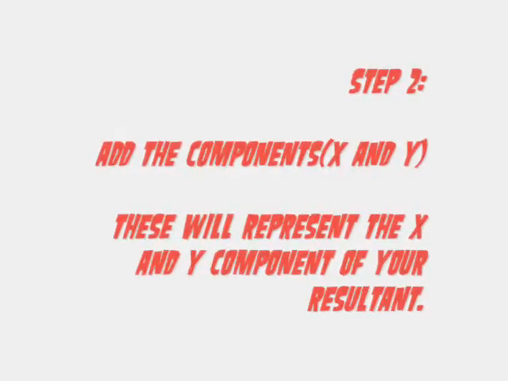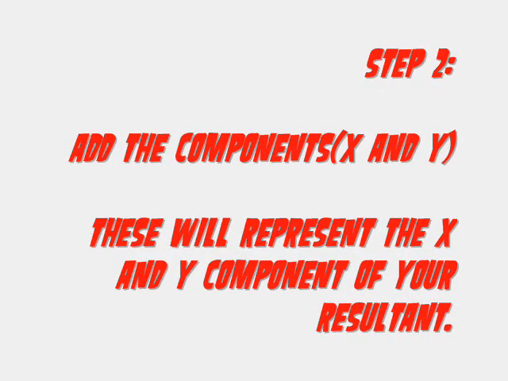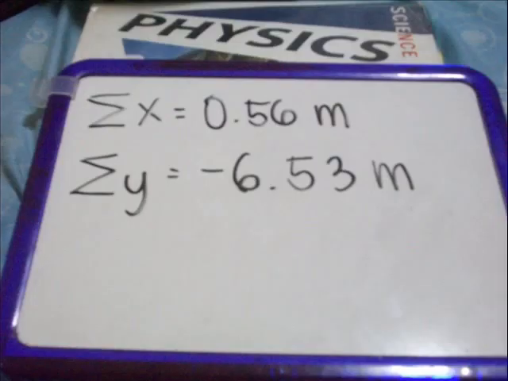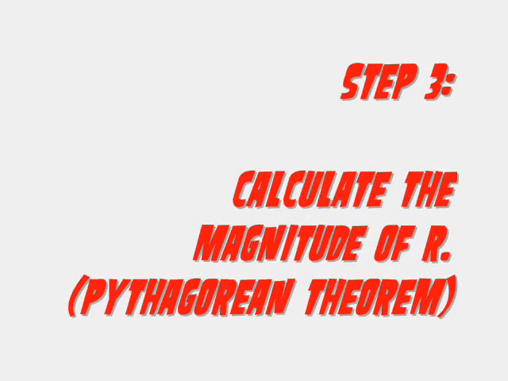Add the x components and also the y components. This will represent the x and y component of your resultant. Calculate the magnitude of the resultant by Pythagorean theorem.